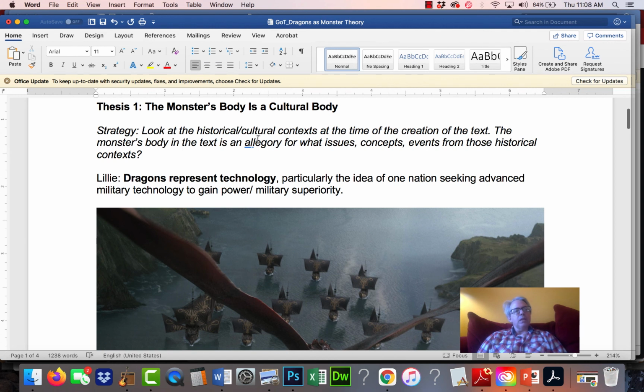So again, think about the historical and cultural context of the time of the creation of the text, and how the monster's body and the monster itself, in terms of what it's doing and what it is in the text, is an allegory for issues, concepts, and events in those historical contexts.